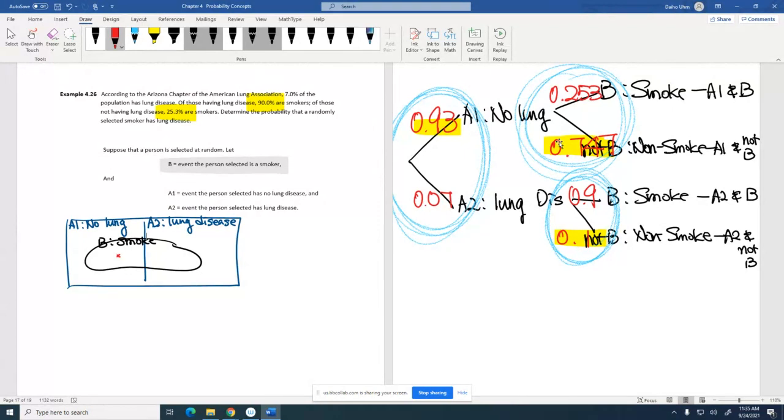And the last column is A1 and B, A1 and not B, and we just simply take a multiplication.